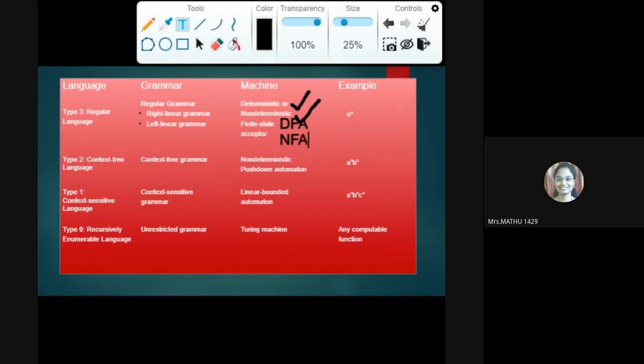We usually call them DFA and NFA. So these are the two automata, or machines, that are going to represent the regular language.